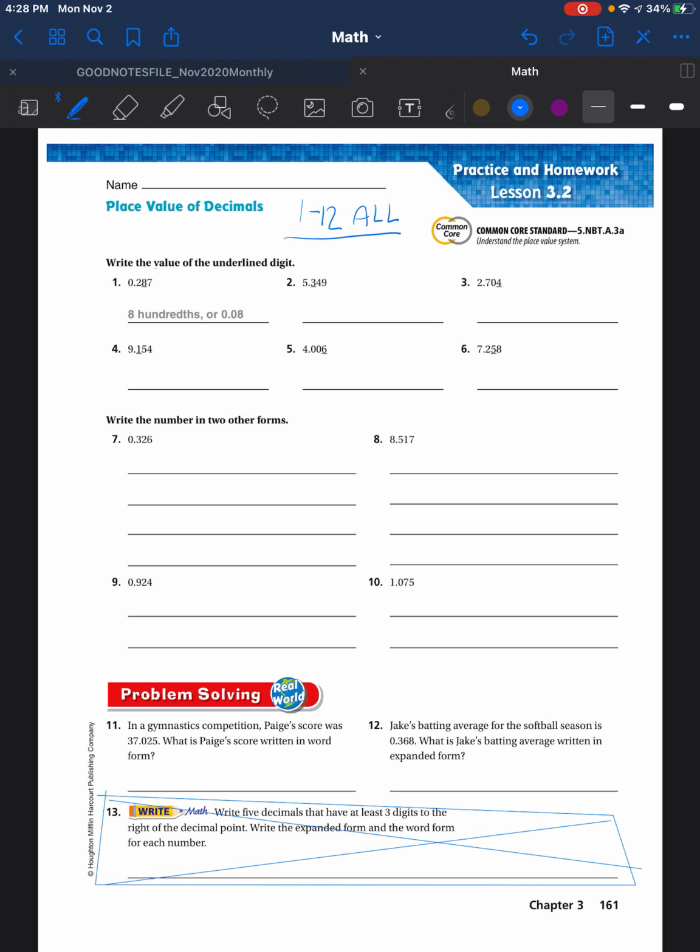You're just doing the same thing that we just did. For 1 through 6, you're writing the value. You can do it in words like they show you here, or you can do it in numbers, which is how they show you here. Either way is correct, but typically in math, they're going to be looking at this way. Then for 7 through 10, you're going to be doing 2 other forms. That means you're going to give me expanded and word form for 7 through 10.